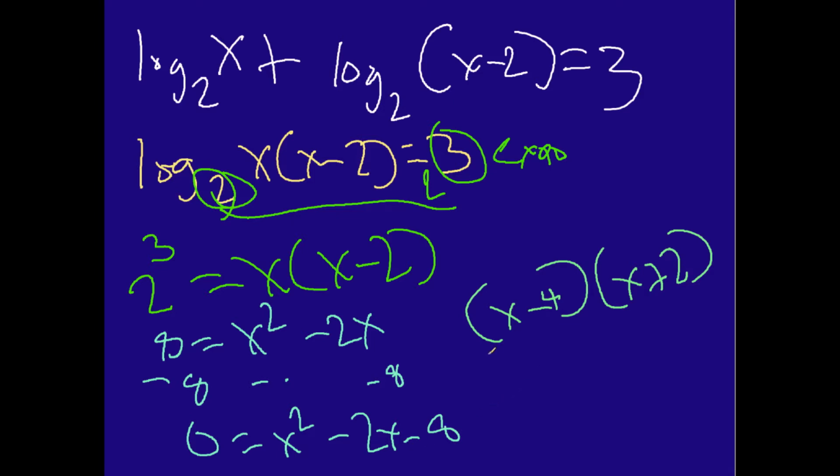So that means x can equal either 4 or negative 2. However, there's a caveat that logarithms cannot deal with negative numbers because we're not messing with imaginary numbers in this particular example. So our answer can only be x equals 4. And you can check that on your own time.